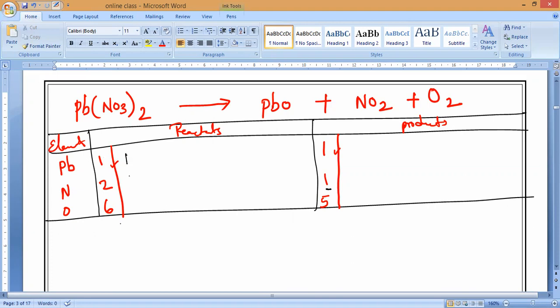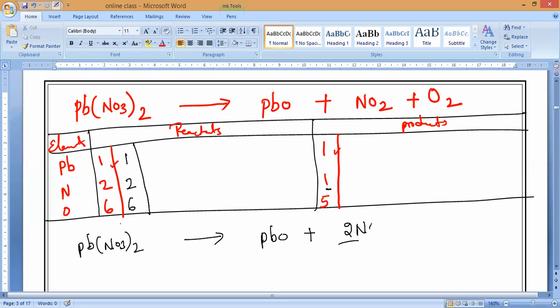So on the product side, 2NO2 changes, and the reactant side is 1, 2, 6. PbNO3 twice will give you PbO plus 2NO2 plus O2. Any doubt, guys?